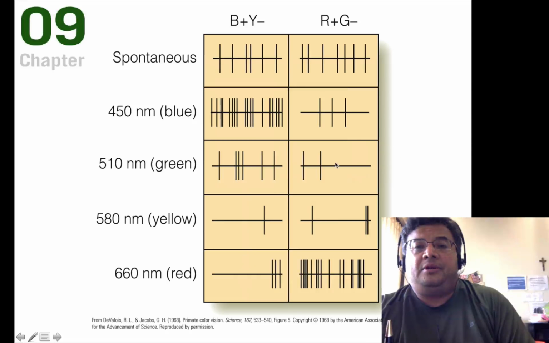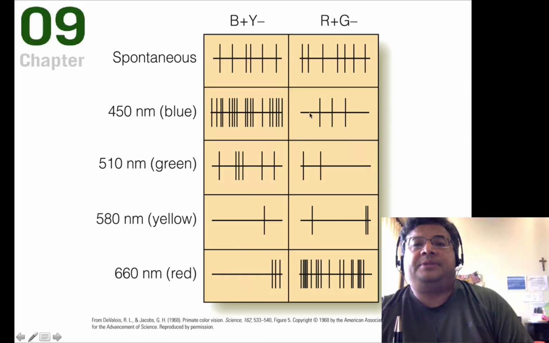And all of these little charts here represent a neuron that's stimulated by red and inhibited by green. If you just record them when they're sitting there not doing anything, you get this baseline activity. If you fire blue at them, 450 nanometers blue, of course the one that gets stimulated by blue goes crazy. Lots more spikes.